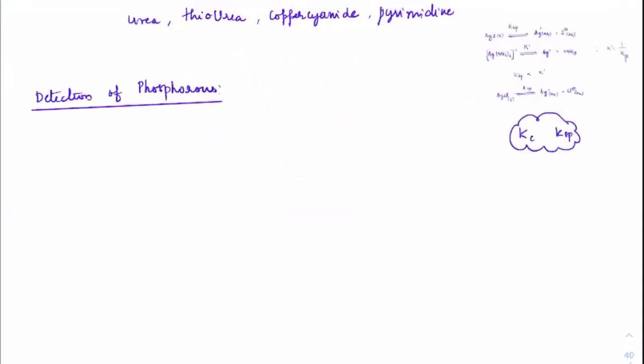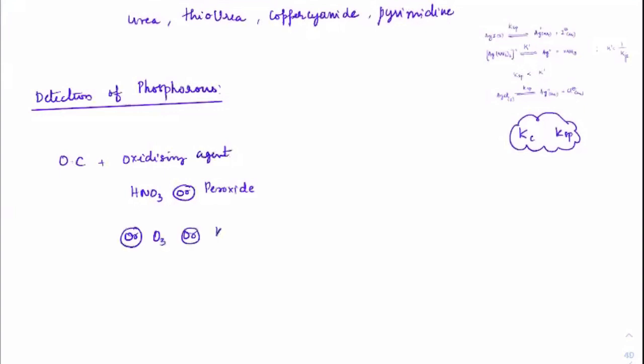So if I take an organic compound plus an oxidizing agent, the oxidizing agent I can take is concentrated HNO3, or any peroxide, or ozone, or KMnO4.